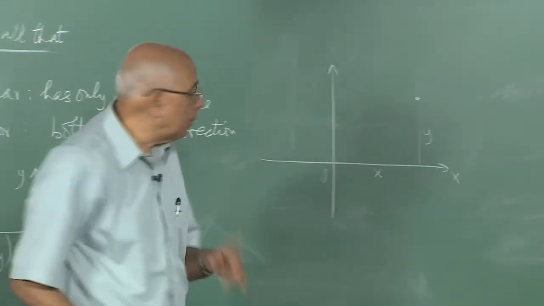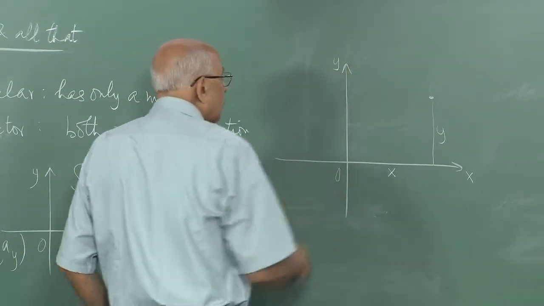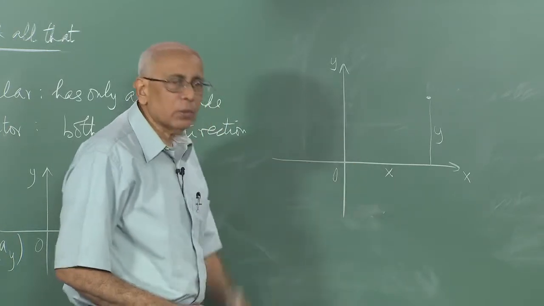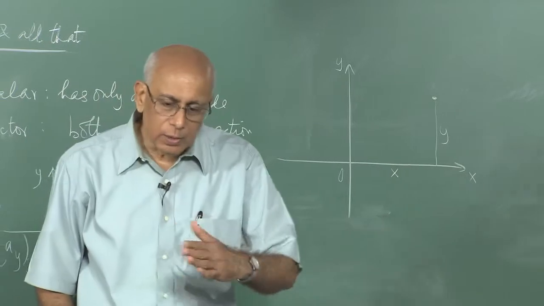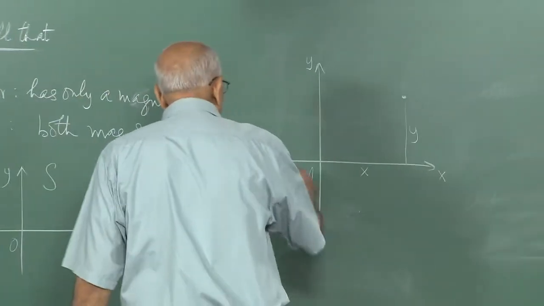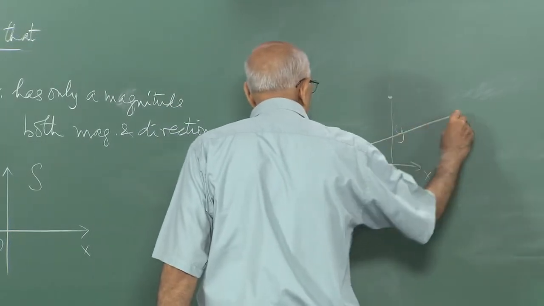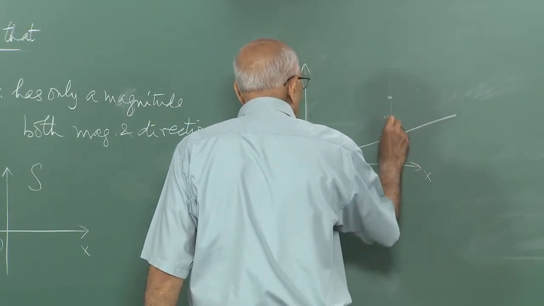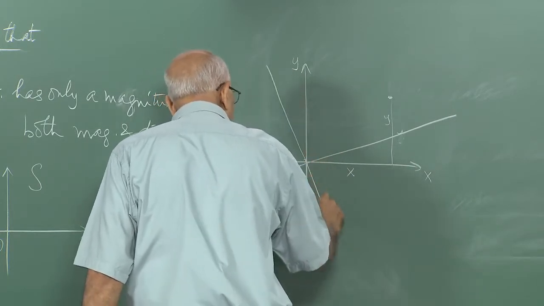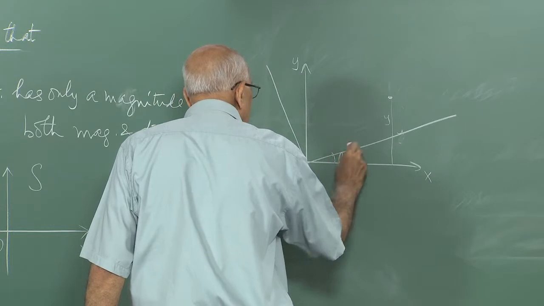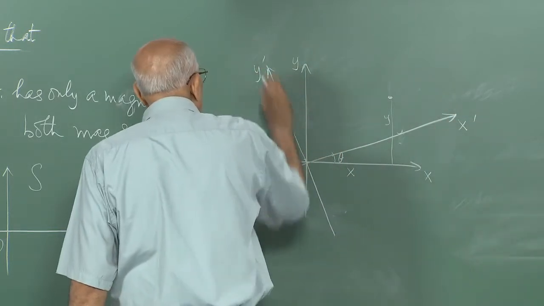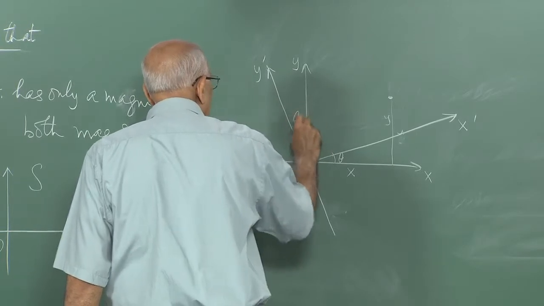Now let us look at the same thing in a frame of reference which has the same origin but is rotated with respect to the x axis. The new x axis is at an angle theta, some arbitrary angle theta. And here is the new y axis. This angle is theta. That is the x prime axis, this is the y prime axis, and this angle of course is also theta.